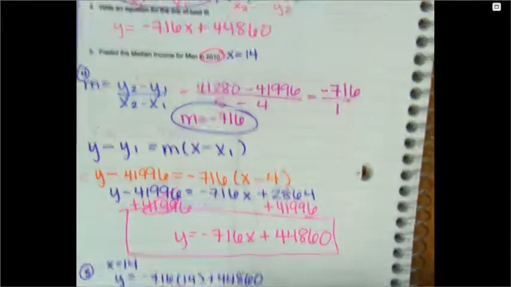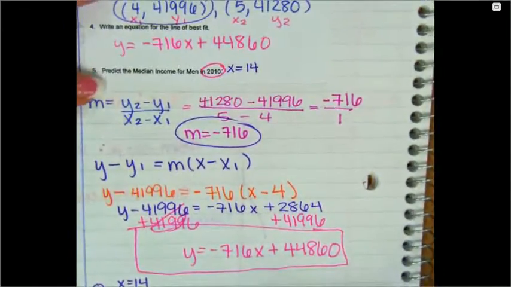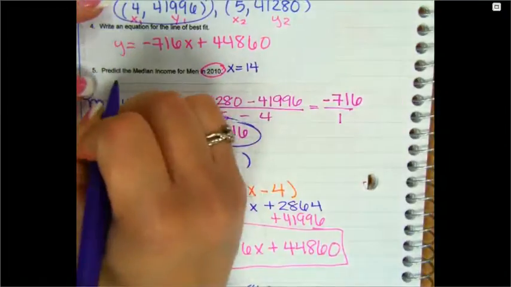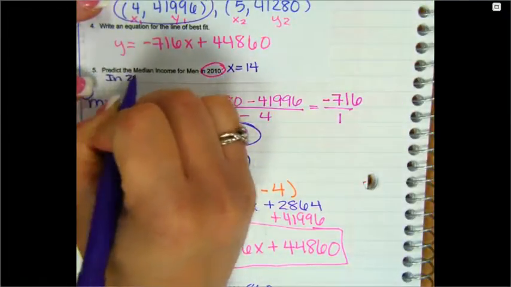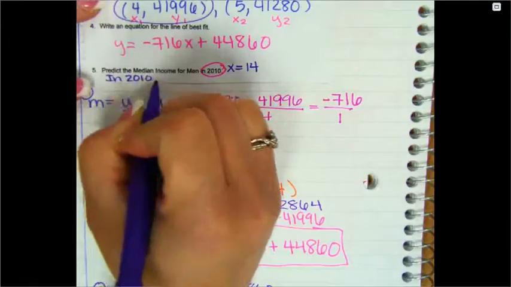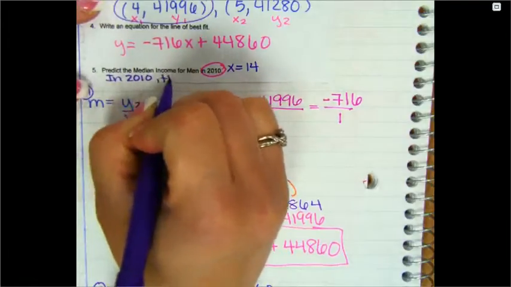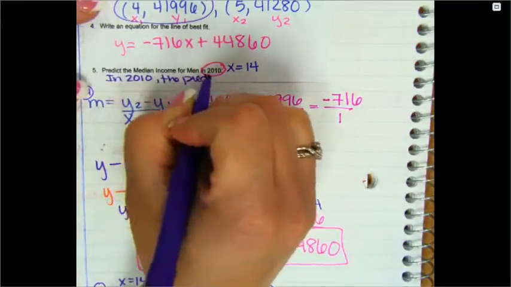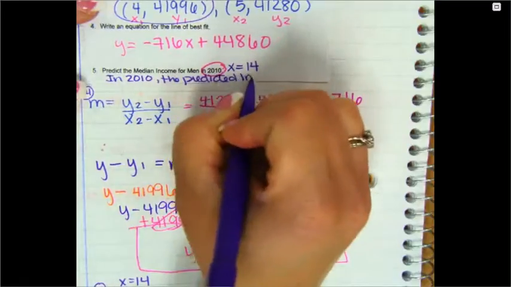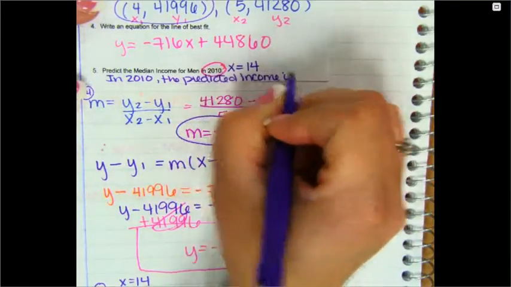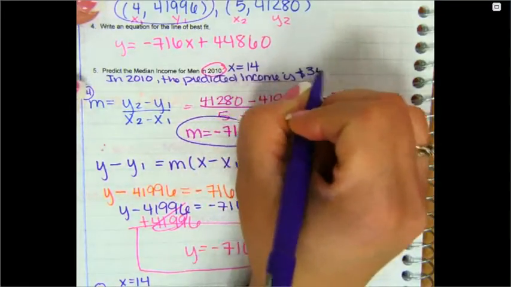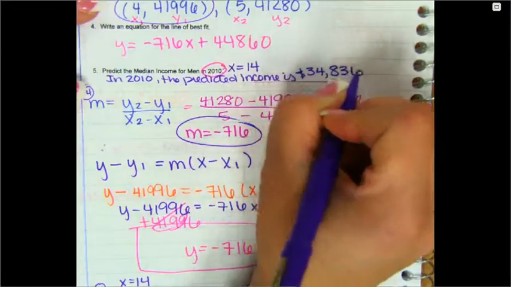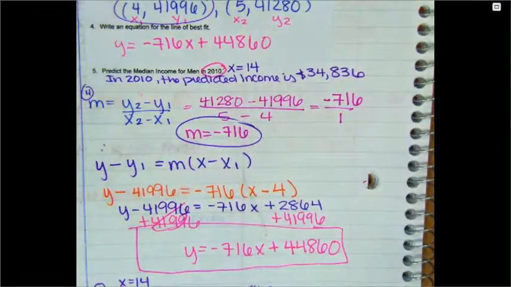So up at number 5, it says predict the median income for men in 2018. The predicted income, or median income, is $34,836. So people are losing what? Money.